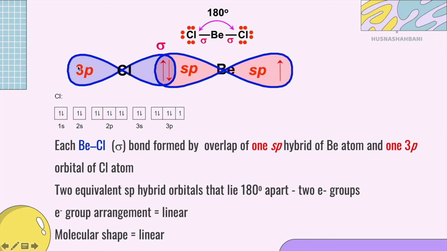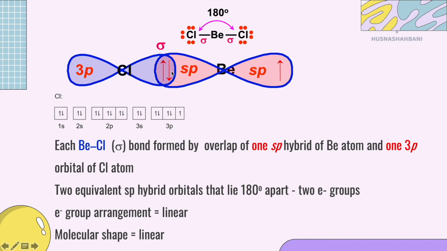So the shape is a dumbbell shape with one unpaired electron, which then pairs with one unpaired electron in Be, forming a sigma bond. Make sure you write down 3p, because this orbital is the 3p orbital with the unpaired electron, and write the sigma bond here.